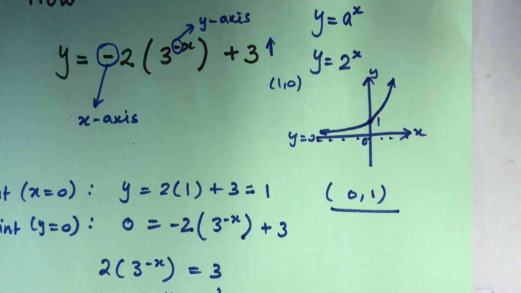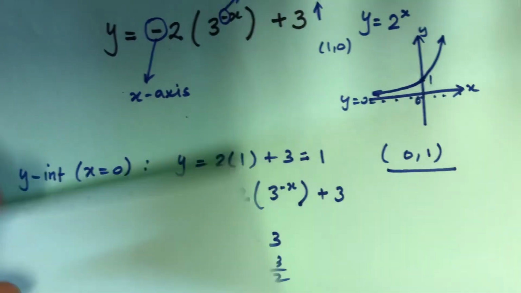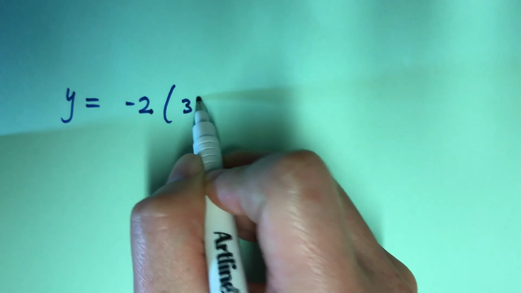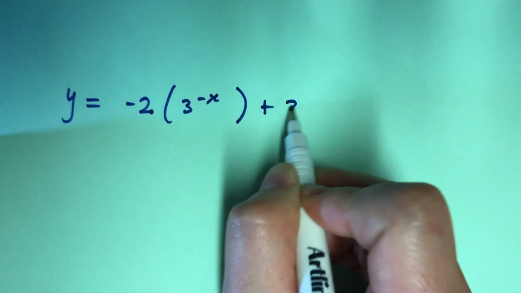Okay. There's another way of doing this. I'm going to show you another way of doing the same function, but a different way of doing it. So I'm going to rewrite the function here: 3 minus 2^(-x) plus 3.